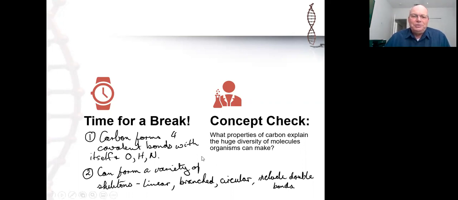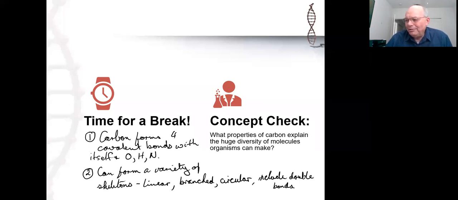So it's these two things together that account for the diversity of organic molecules. Number one is that it can form four covalent bonds with itself and with, most importantly, oxygen, nitrogen, and hydrogen. And then the variety of forms of carbon skeletons that it can form is essentially infinite.